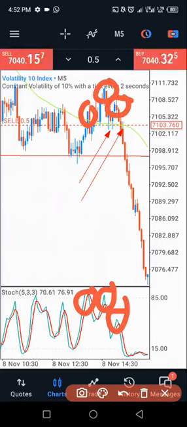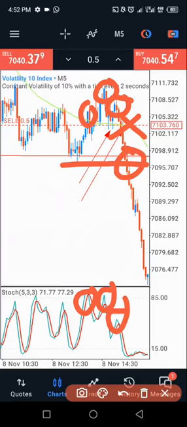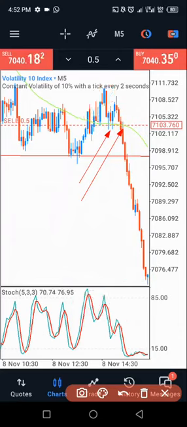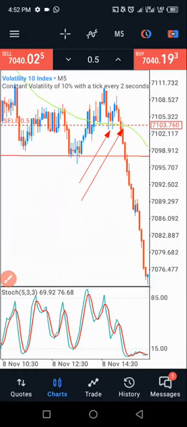So seeing that, you note that definitely this market is going to sell hard. All right, so if I had not entered here, I could have waited for the break of this structure and then entered here and then sold hard. All right, so this is how you want to be making analysis of the market whenever you come on your chart. All right, so it's that simple to make use of.